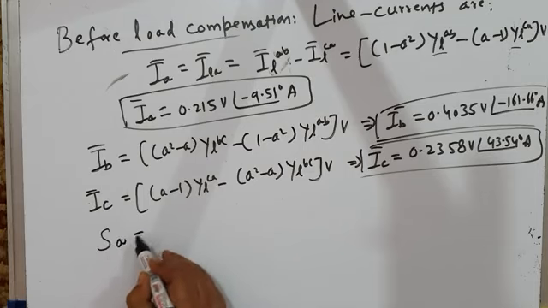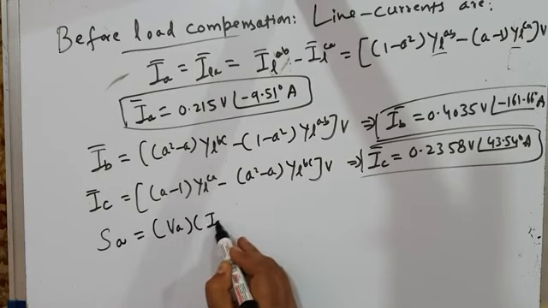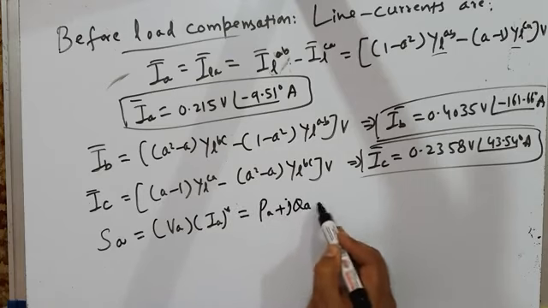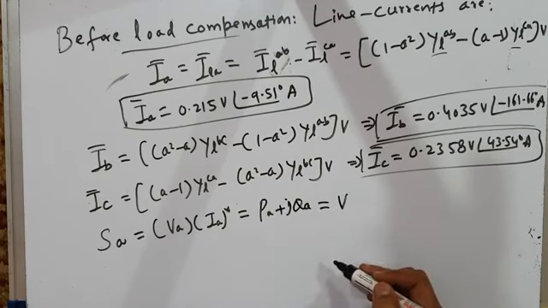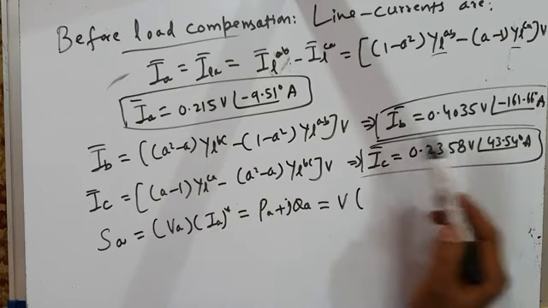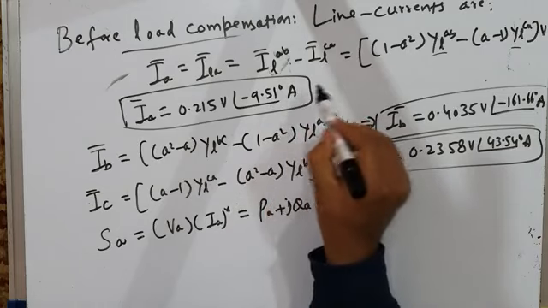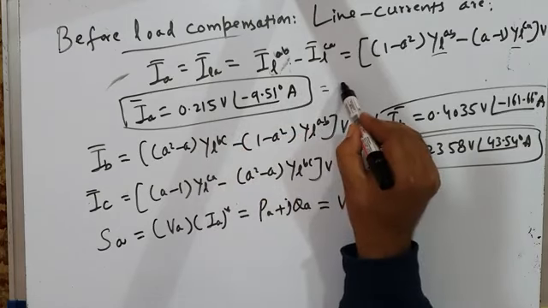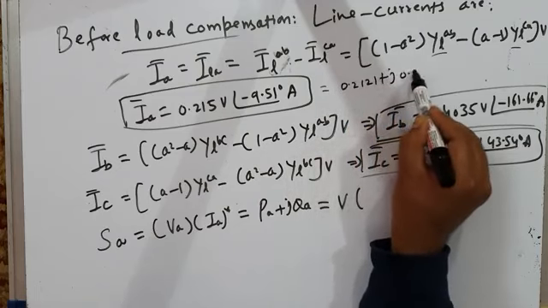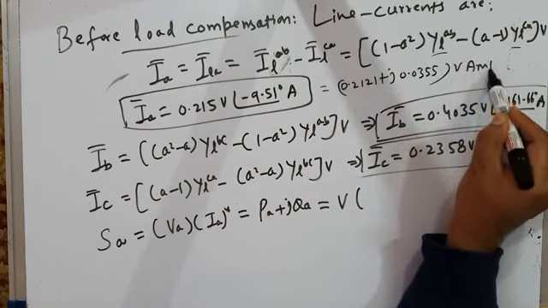What is the apparent power of phase A? That is voltage VA into IA star, which is equal to PA plus jQA. VA is V itself, multiplied by IA. IA is 0.215 V at an angle of minus 9.51 degrees amps. This is in polar form. In rectangular form, it will be 0.2121 plus j0.0355 into V amperes.